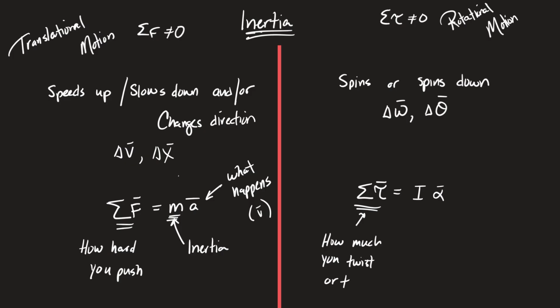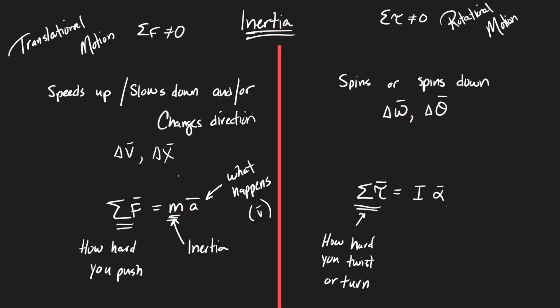And maybe how much isn't the right word there. Maybe how hard you twist or turn. We can use the same words here. So let's say how hard. Right? It's how much you twist or turn something. The drill does a good job twisting and turning for you. You guys who have used it, if you had to do it by hand, it'd be harder.